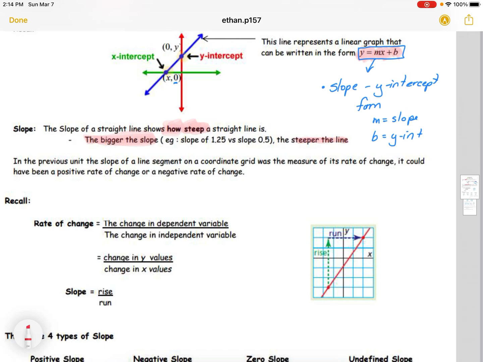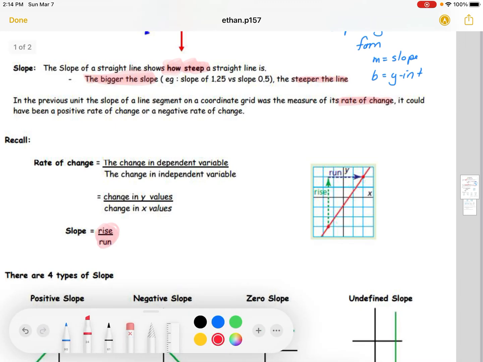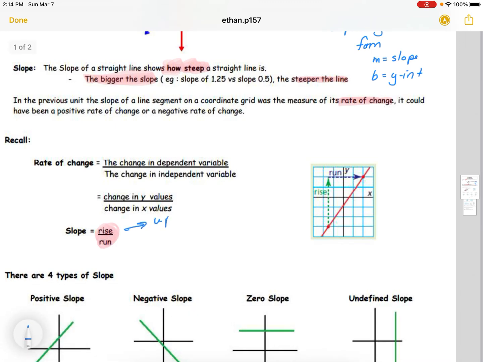Now, you've done a previous unit. The slope in the previous unit, we talked about it in terms of the rate of change, right? And we talked about that in terms of rise over run. Rise being how much it goes up versus how much it goes over.